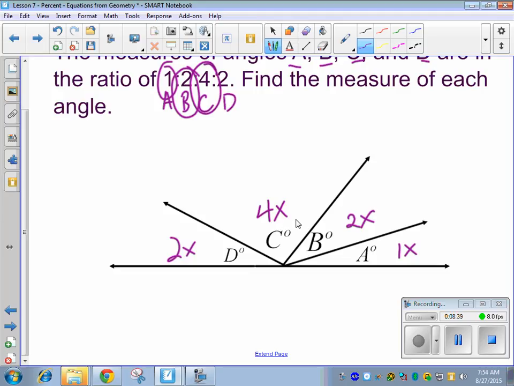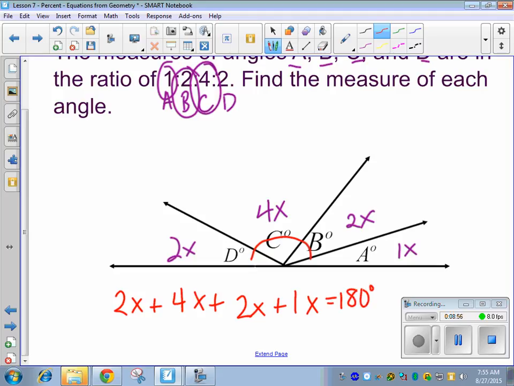What do those all have to add up to? Yeah, 180, right? This makes a straight angle. So we know that 2x plus 4x plus 2x plus 1x has to equal 180 degrees because we have a straight angle.